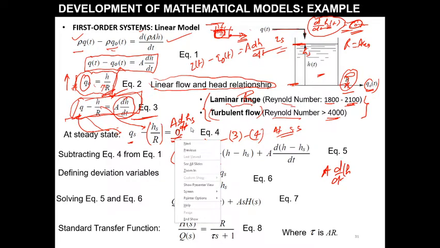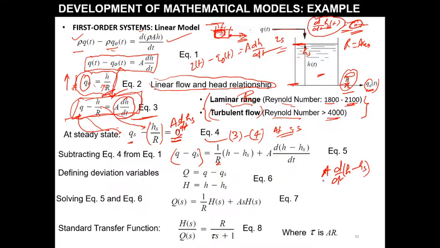But this is the equation, right? And therefore we have written A d by dt of h minus hs. Is it clear?